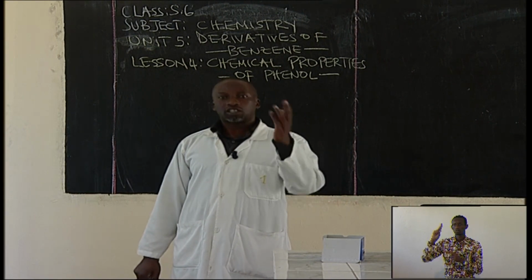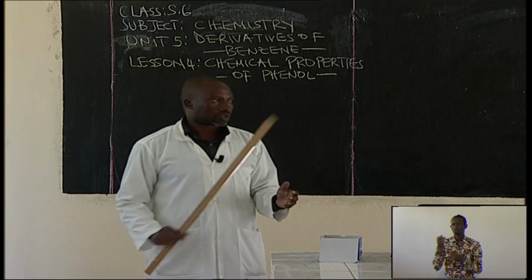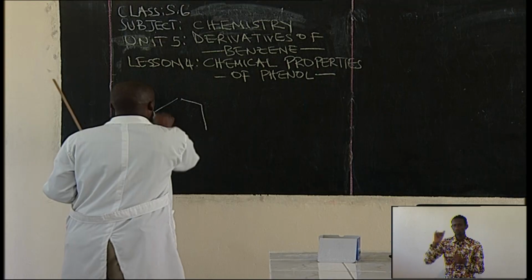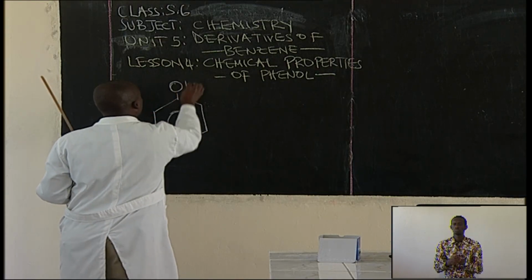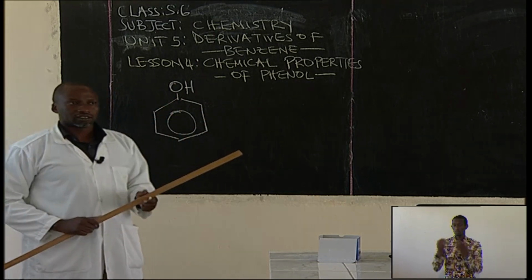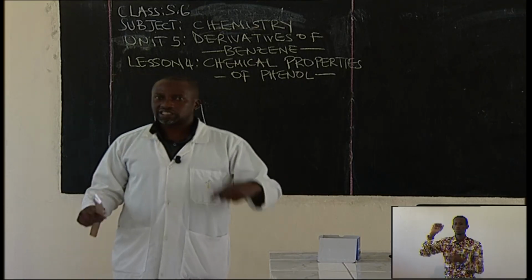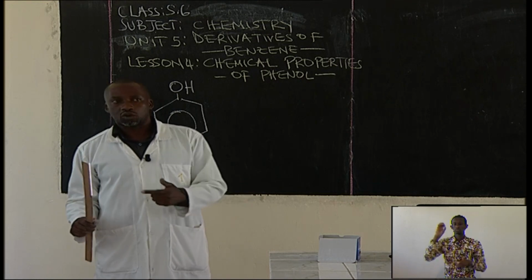How is the solubility of the phenol compared to that of other alcohols? Remember the structure of phenol, you need to always remember the structures. This is the phenol. So it contains an OH, like alcohols. Does it have the same solubility as alcohols?